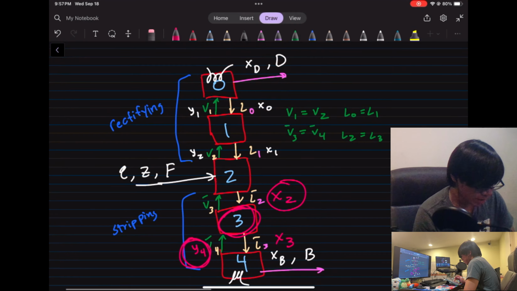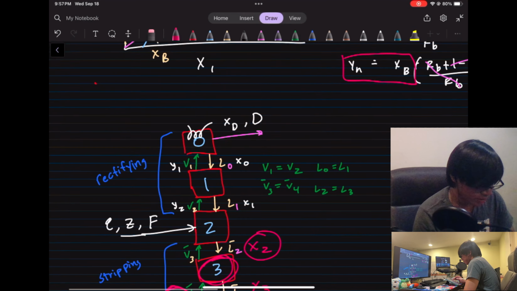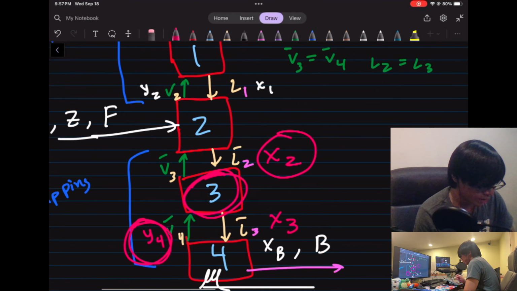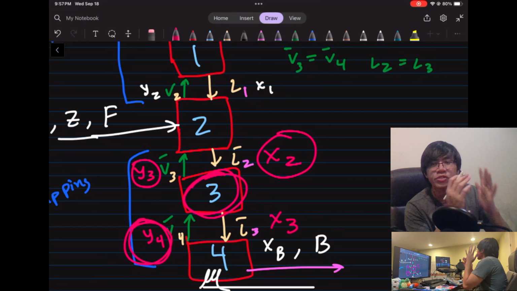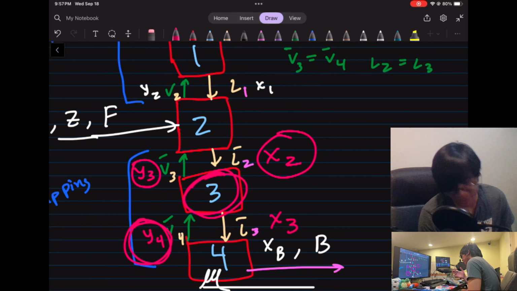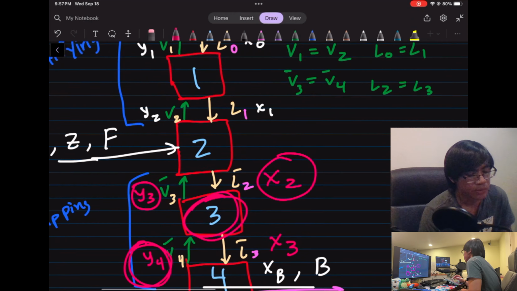And once you know x2, you can actually get from your operating line, you have y3 now. Since again they're passing streams, you use the operating line, technically it's just a mass balance, to relate those two passing streams.